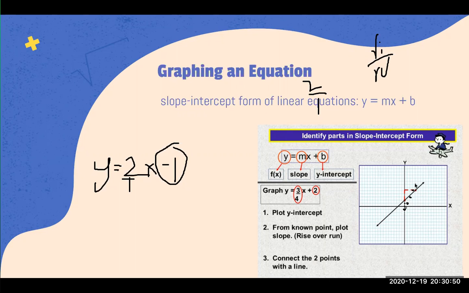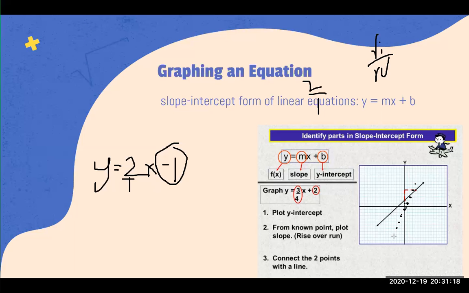And you keep plotting the points until you can do a straight line. And you can even go the other way. So you have 2 down, 1 backwards. You can even do that. 2 down, 1 backwards, and so on until you can finally draw a straight line.